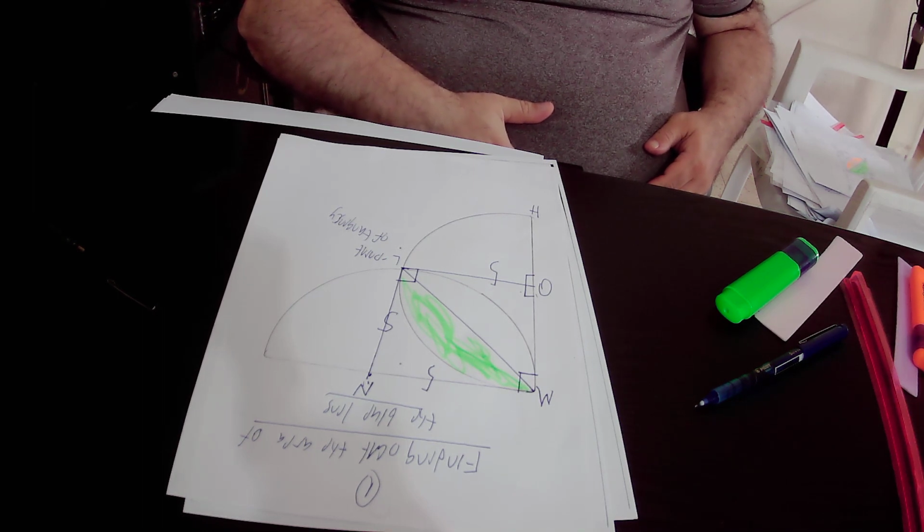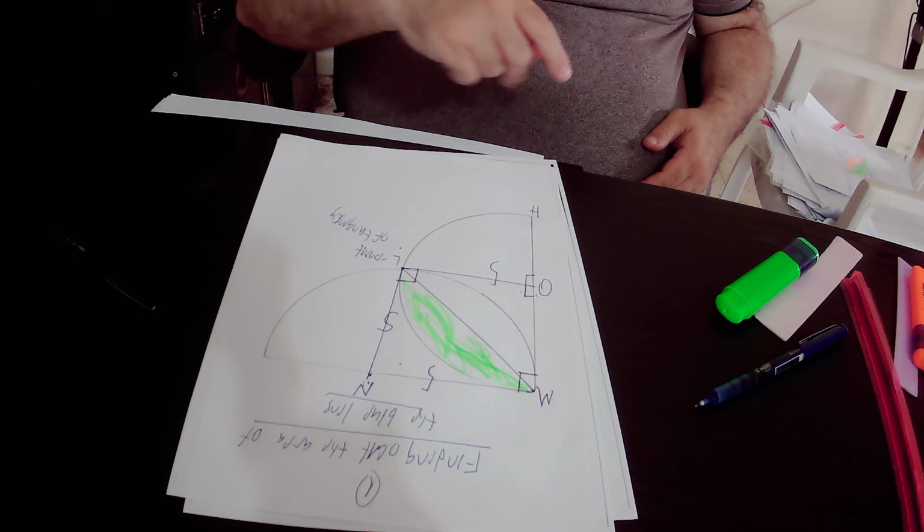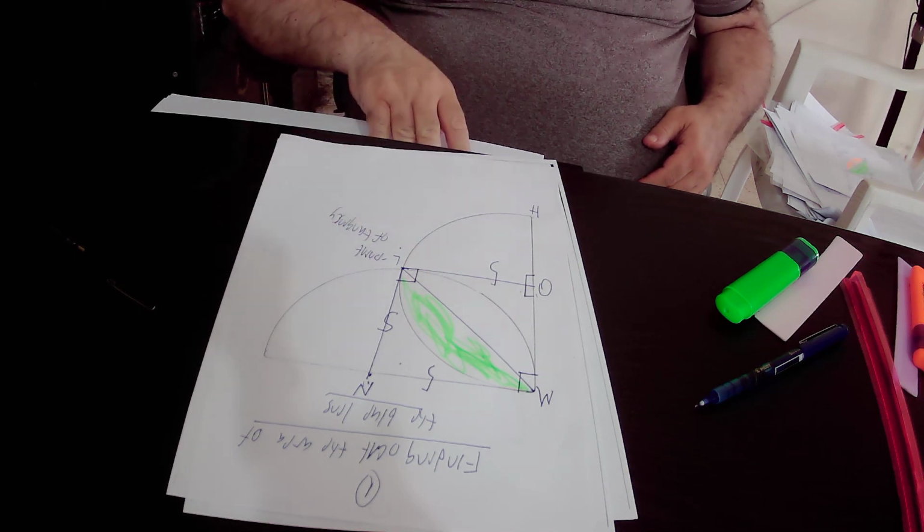So what is the area of the upper circular segment?